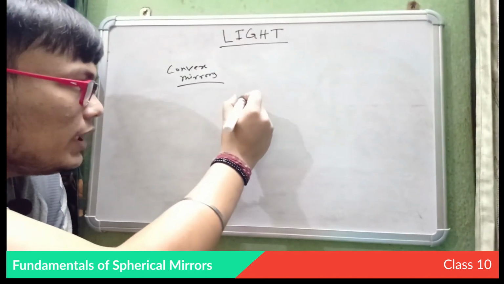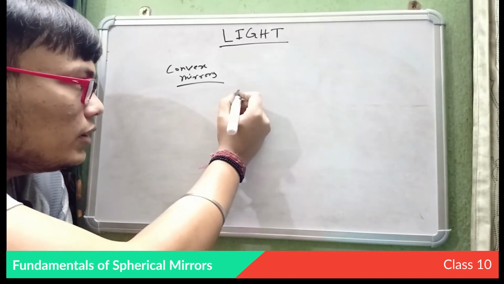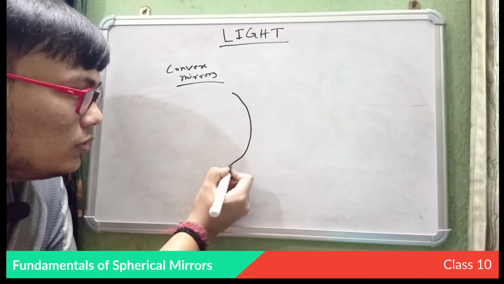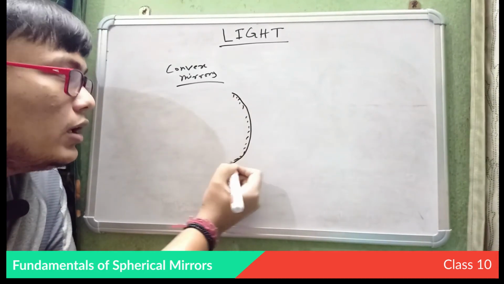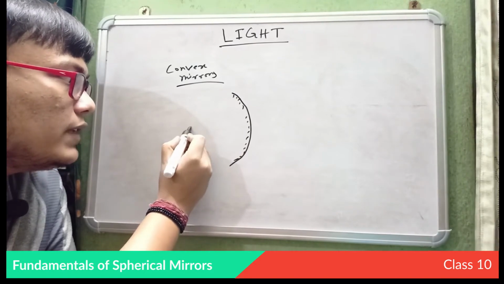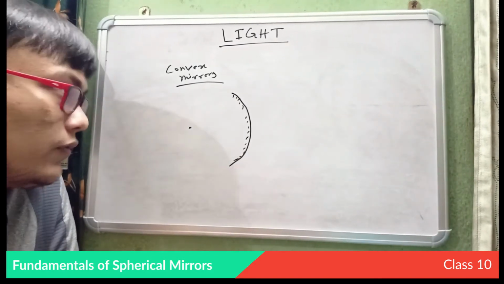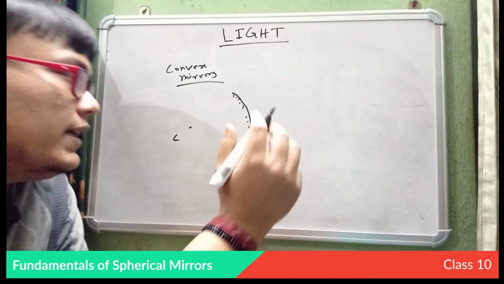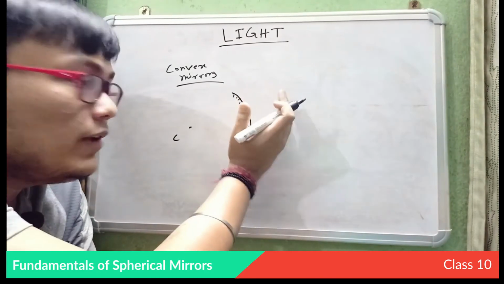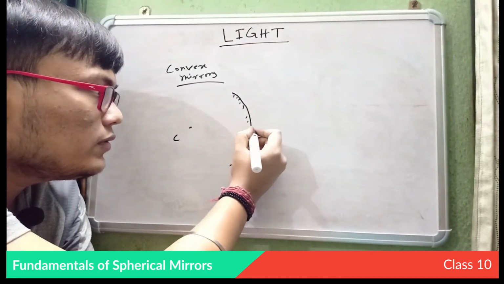So it is something like this. I'll draw it, one second. Okay, this is the polished surface, and somewhere lies the center of the hollow sphere, which is also known as the center of curvature. See, this is the reflecting surface, right? So the pole will be somewhere around this.